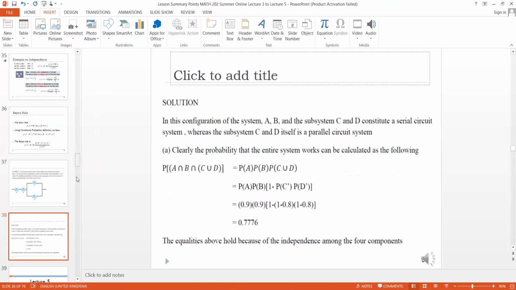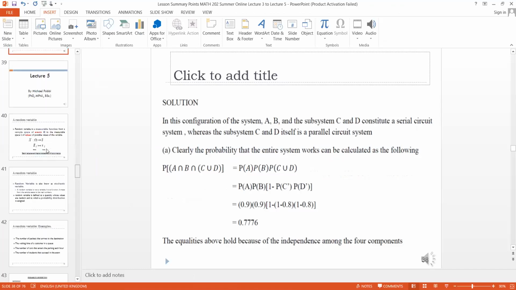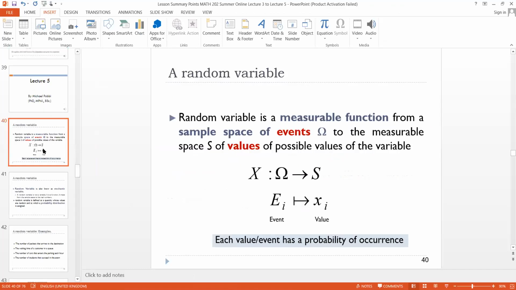Okay. So the next concept we're looking at is the concept of a random variable. Now, a random variable is a measurable function from a sample space of events to a measurable space of possible values of the variables.